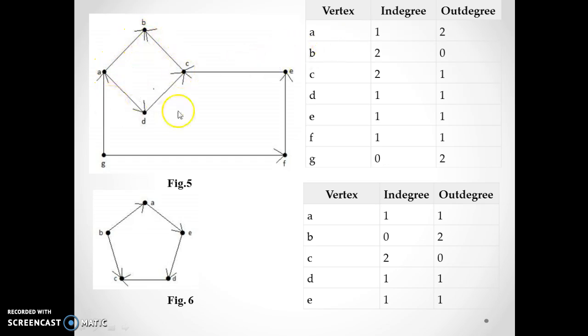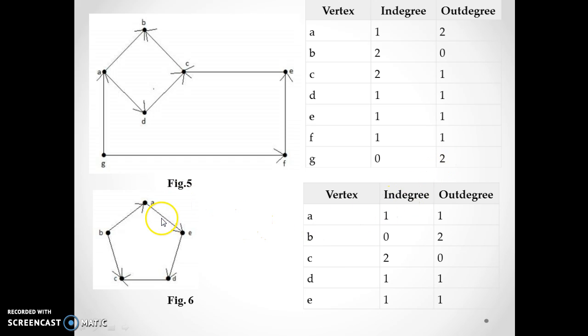Now you can tally the in degree edges as well as out degree edges for each vertex in the table shown, that is A in degree 1, out degree 2, etc. In this way, you can tally all the vertices set with the in degree and out degree count.